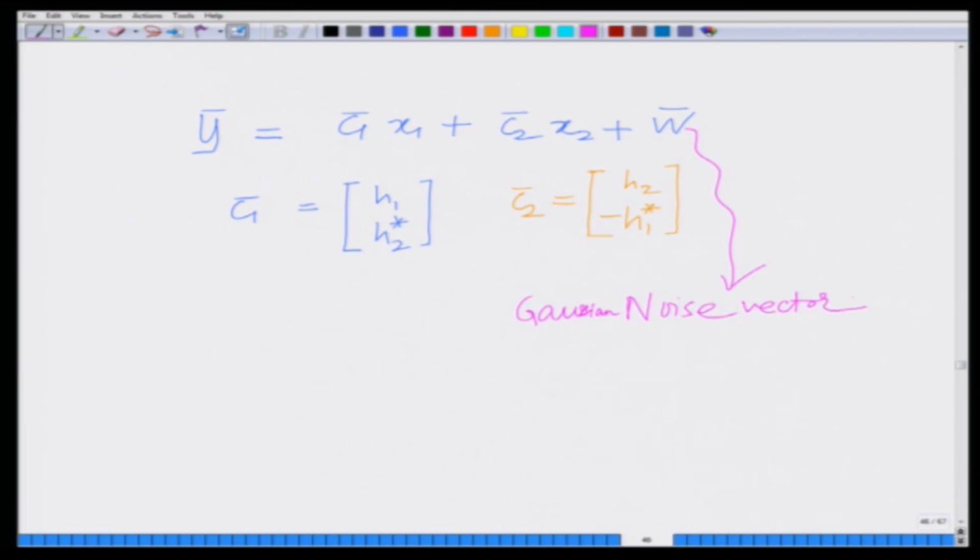W bar is a Gaussian noise vector with IID, independent identically distributed noise elements, which means the mean is 0, the variance of the noise element is the same, and the correlation between the two different noise elements is 0.